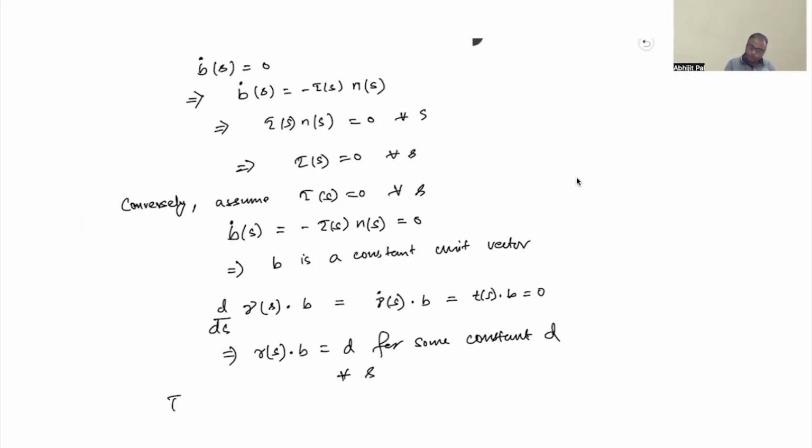Therefore the curve gamma lies in the plane r dot B is equal to d. Okay, so we have proved the proposition.